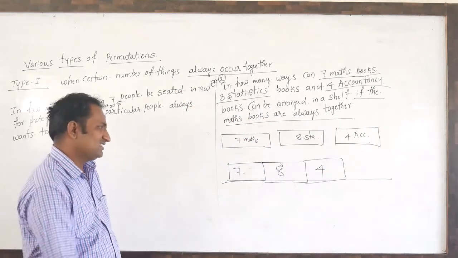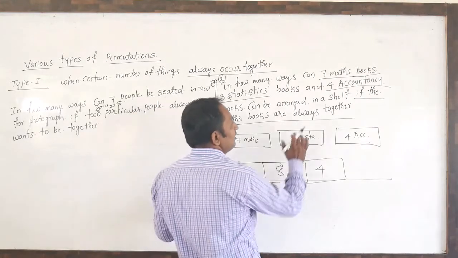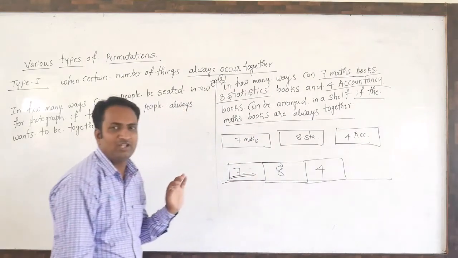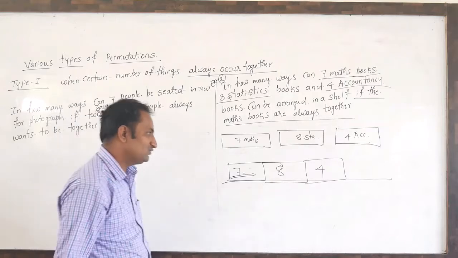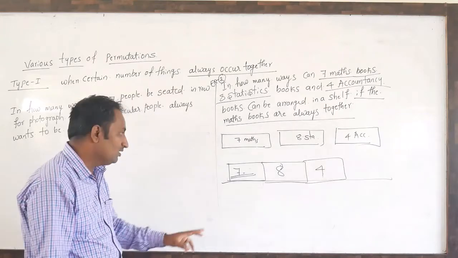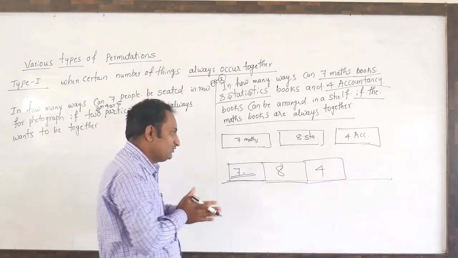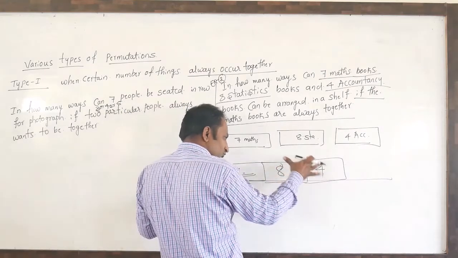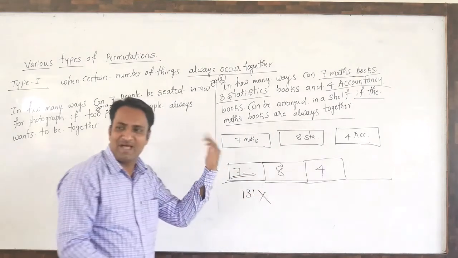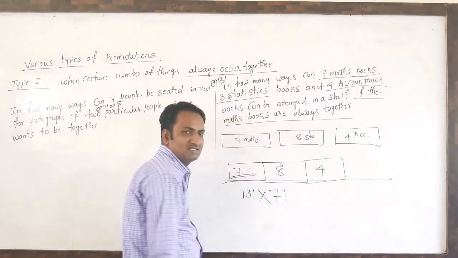In these cases randomly we can arrange, but the question is, first, the 7 maths books are arranged always together. That's why here 8 plus 4, 12, plus 1 for the maths block, so 13 factorial. Total maths books are 7, that's why 7 factorial.